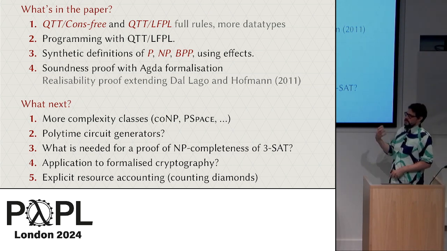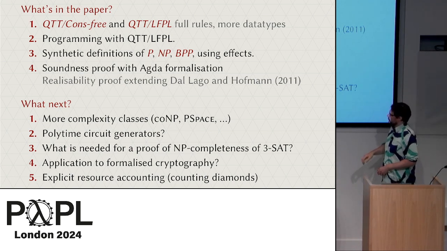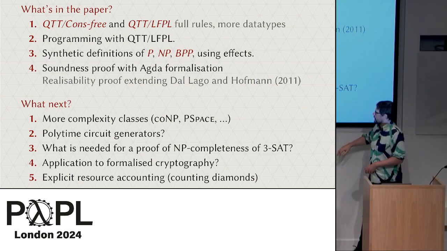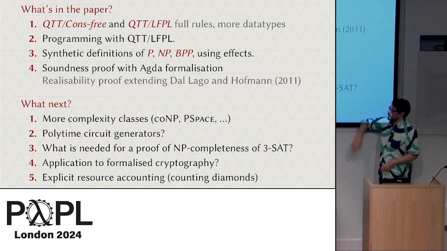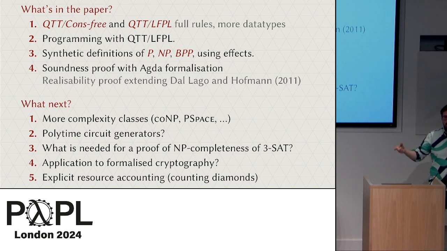So some kind of extra axioms about this realisability thing. Application to formalized cryptography: we can now quantify over all polynomial time probabilistic computations representing the attacker. And also an extension of the system to explicit resource accounting, so you can actually count the number of diamonds that are being used.